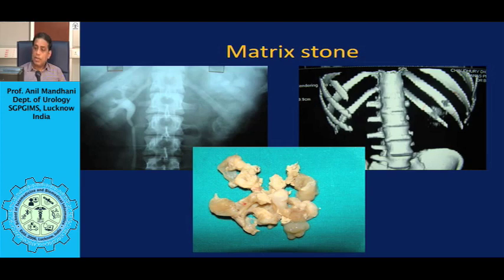So if there are no absolute indications, then watchful waiting, if his symptom scores are mild and he is not bothered about his symptoms, as I told you, the quality of life index, which varies from 0 to 6. If he is not bothered, you just keep him under watch. Or if his symptoms are moderate or severe, then you can put him on medical treatment.